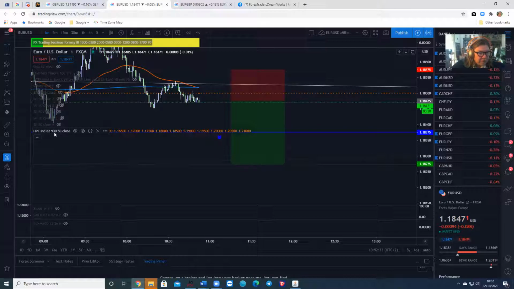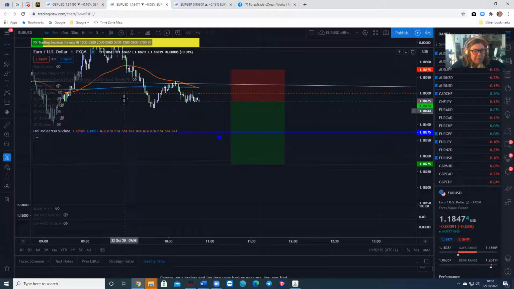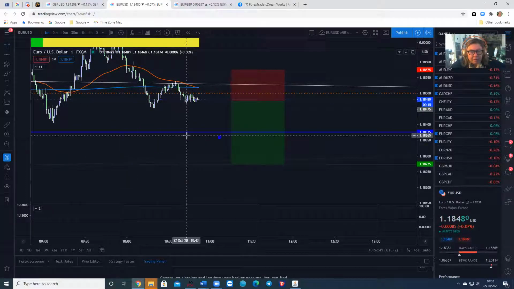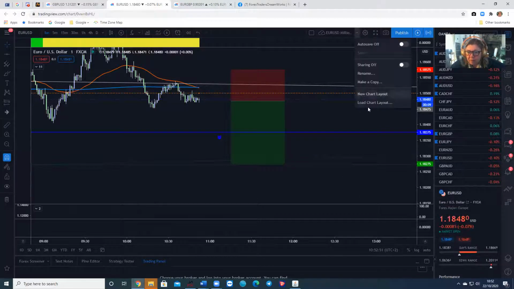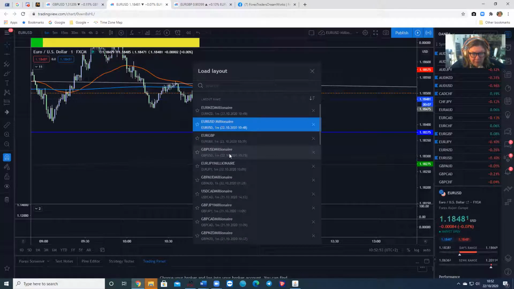It's got the 62, the 930 is 62 times 15 minutes, gives you 930 length for that blue line, and the 50 is the quarter theory. So we've got the 3 in 1, which saves you some indicators. So that's that, and let's look at the last few Euro GBPs.